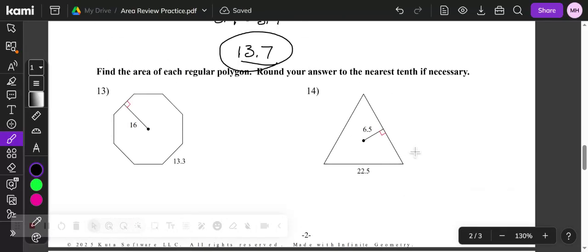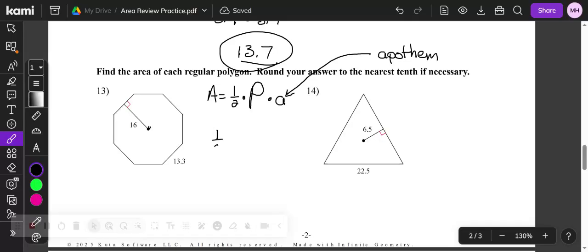All right, last one's here. So the formula for the area of a polygon like this is area equals 1/2 times the perimeter, which is the distance all the way around, times a little a. Now that little a stands for the apothem. The apothem goes from the center and is perpendicular to a side, so you can see it in this shape.